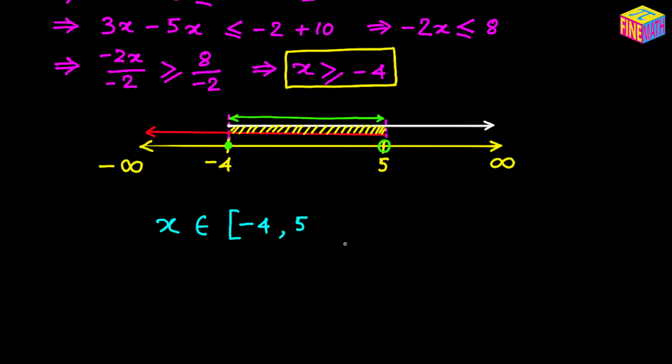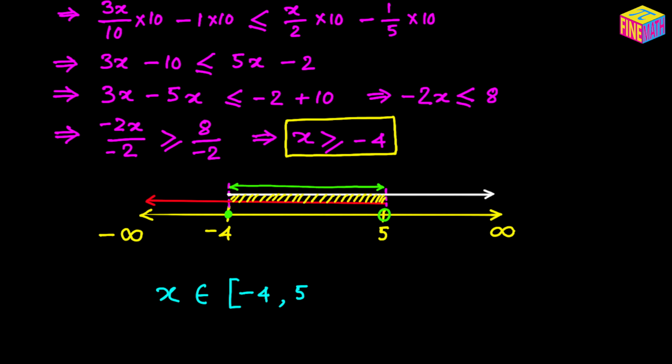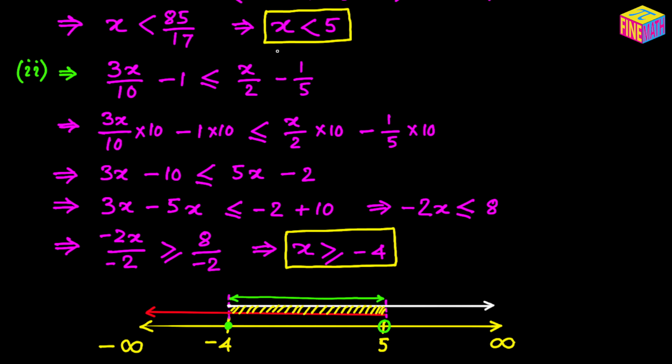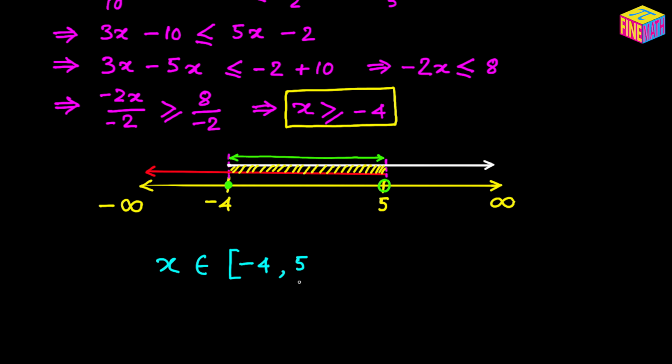The answer is no, because in our first solution set we had x strictly less than 5. So we use a parenthesis for 5. This is how our solution set looks for this compound linear inequality. I hope everything made sense. Thank you for watching. See you in the next video.